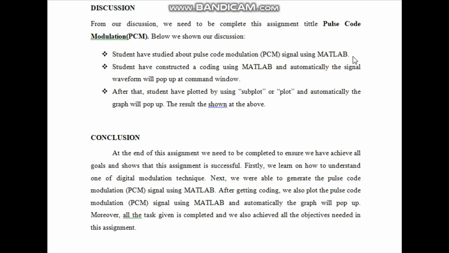After writing the code, we also plotted the pulse code modulation signal using MATLAB, and the graph automatically pops up. Moreover, all the tasks given are complete, and we also achieved all the objectives needed in this assignment.